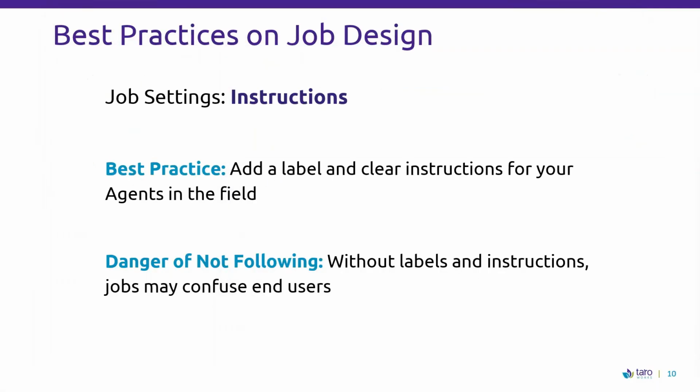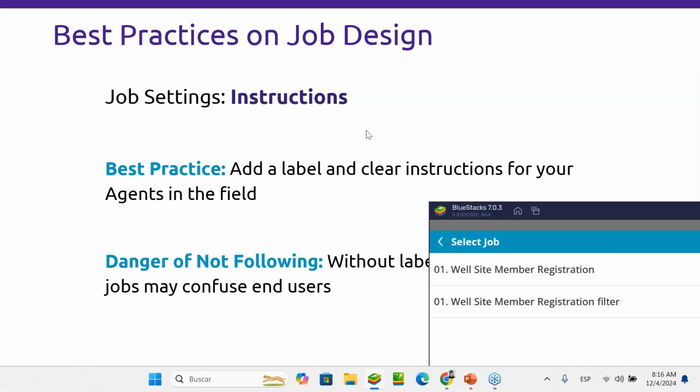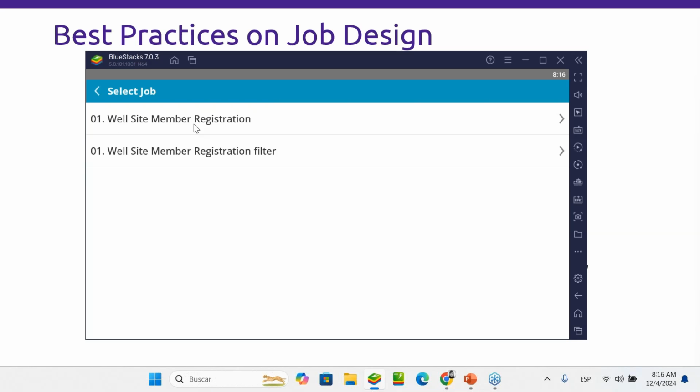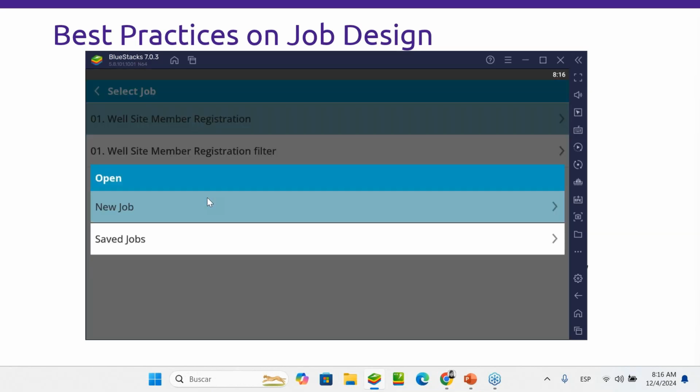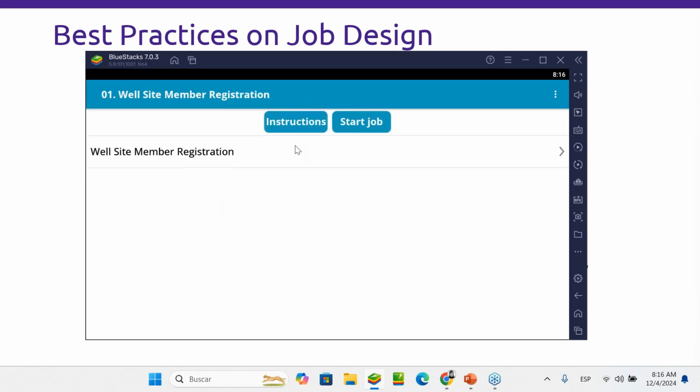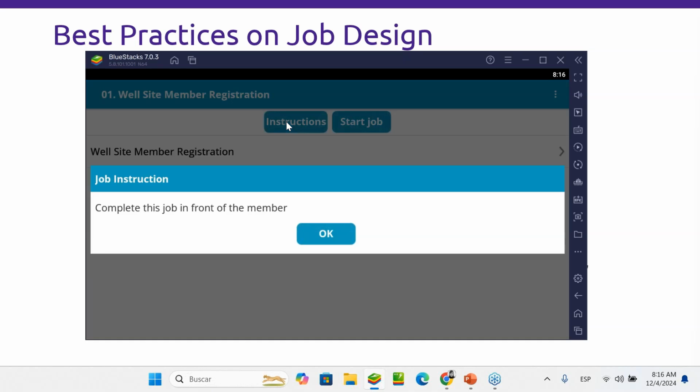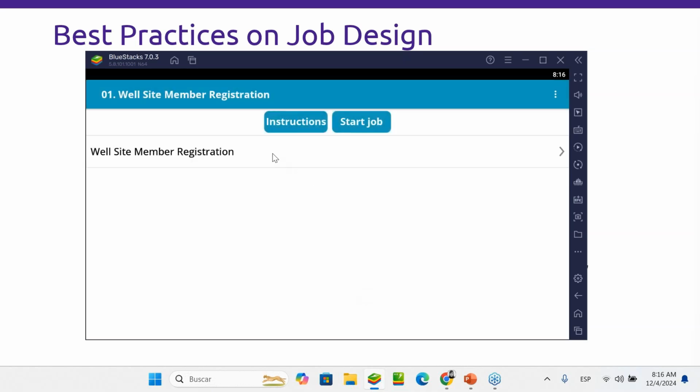And how does this look in the mobile user experience? So here we have our two jobs. And the mobile user has the options to click on instructions or start job. So the instruction is here, and he can begin completing the job.